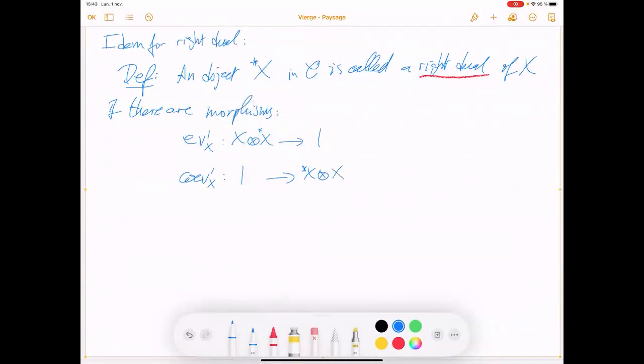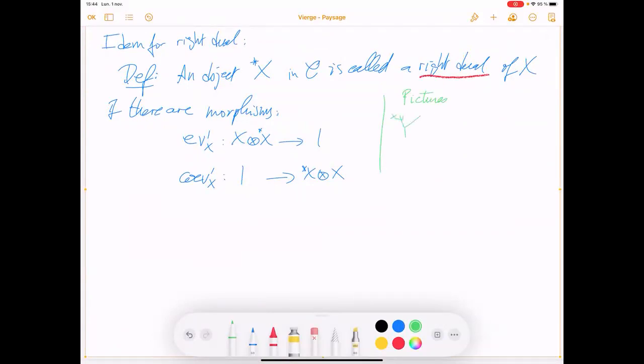And again, you have a picture. So here it's like that.